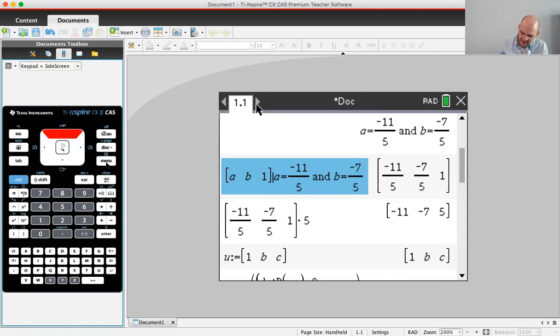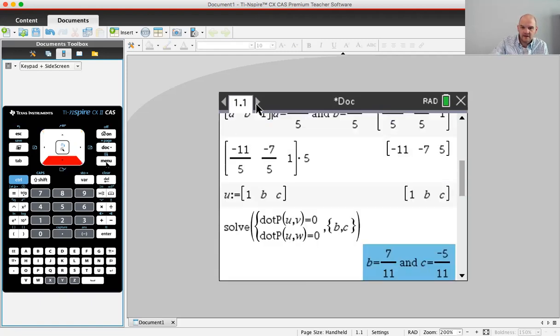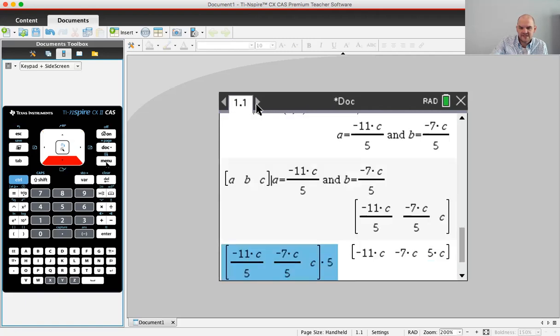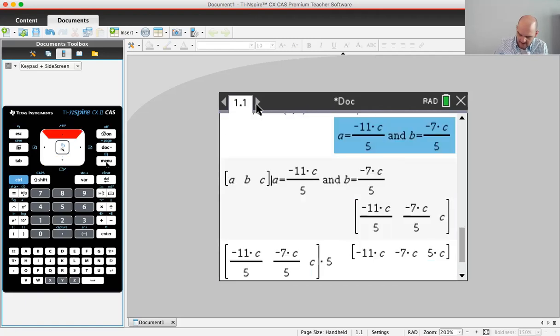Then when I did this in general, I got that u was negative 11c over 5, negative 7c over 5, and then c. So we got it in terms of c. Really interesting. It looks like it doesn't really matter what number we choose. We want c non-zero, so c shouldn't be 0 based on this generalization.